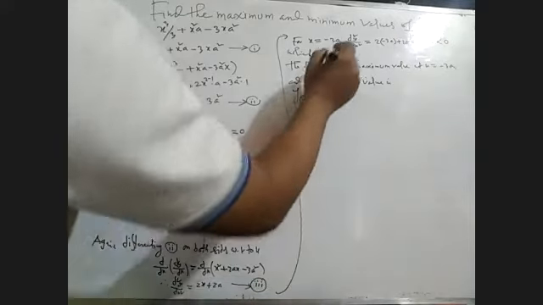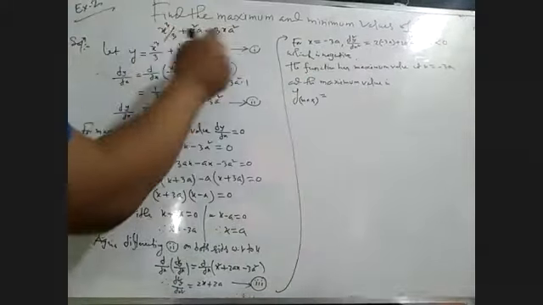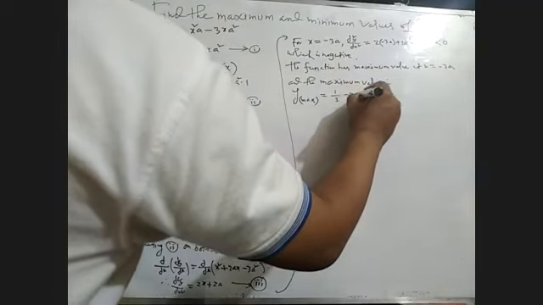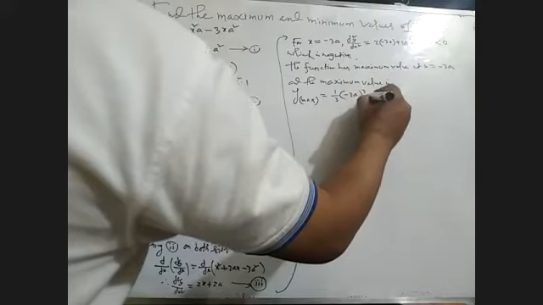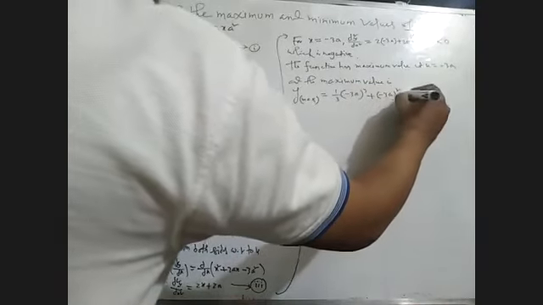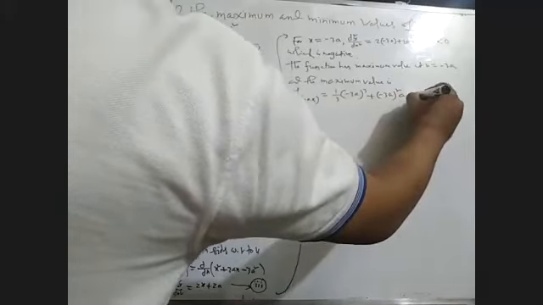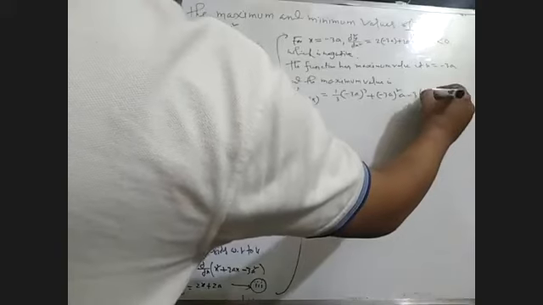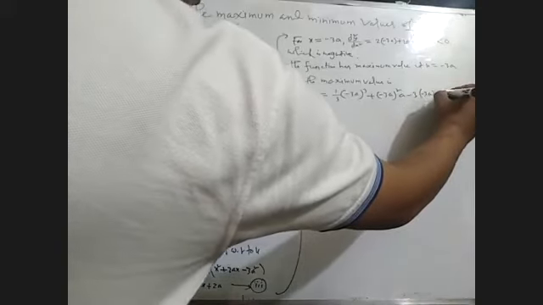Putting x equals to minus thrice a in equation 1: minus thrice a whole square into a minus thrice a square.